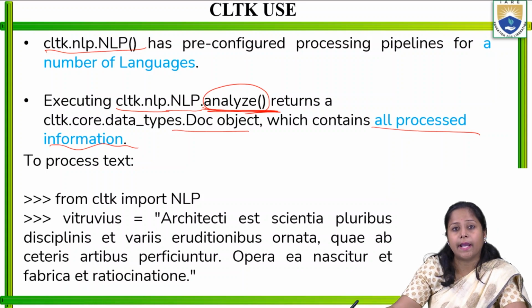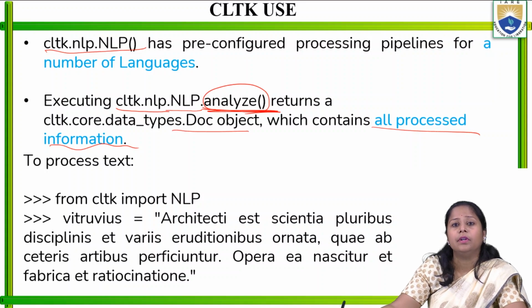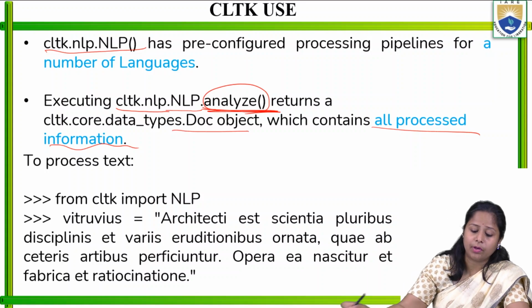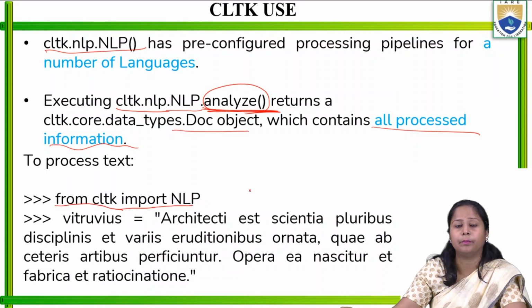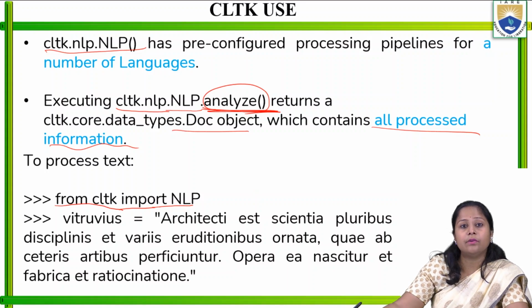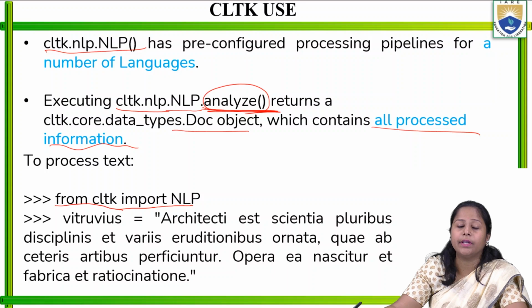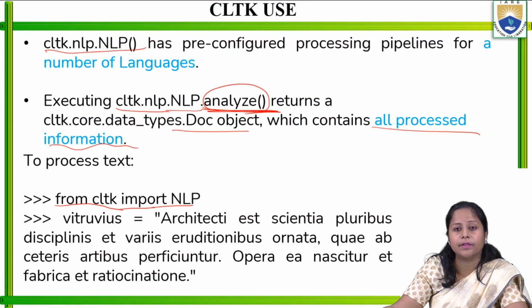In the next line, we need to process the different text, whatever we need to initialize. So first, on the Python command prompt, we need to write from cltk import NLP, that is natural language processing. We need to call that whenever we need to process sentences related to different languages.